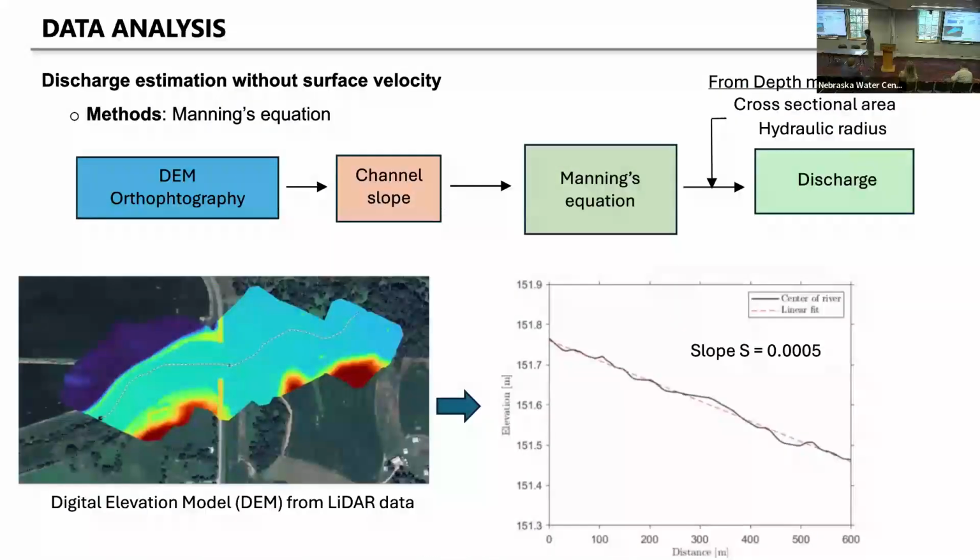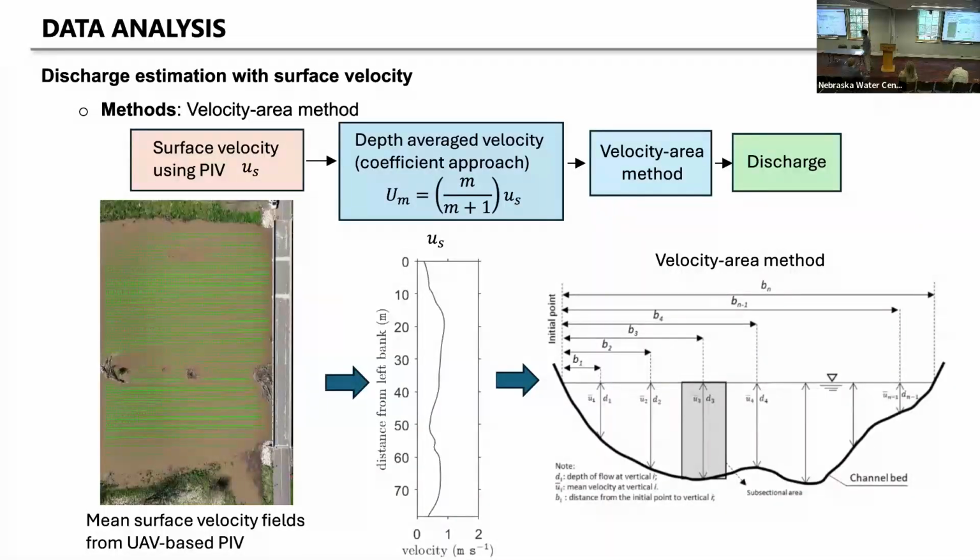Did you use the mean-section method or mid-section method to calculate discharge? Oh, we actually use mid sections. Oh, mid-section, okay. Thank you so much.